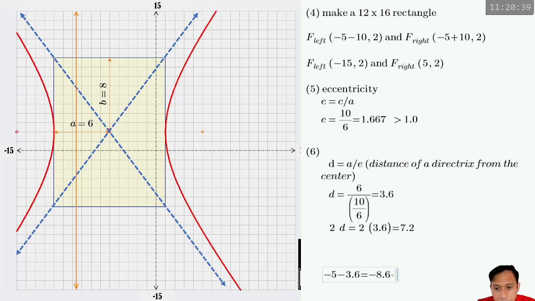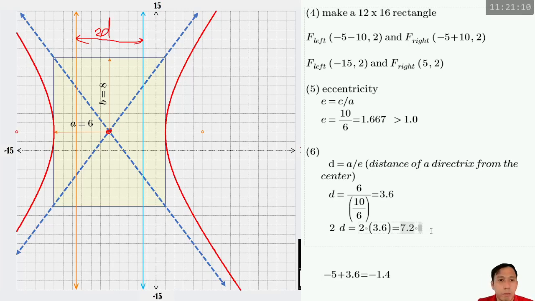And the other one, I'm gonna change the color. And that is, plus naman. Negative 5 plus 3.6 or negative 1.4. Ito yung pinapahanap. Distance between the directrices, 2D yan, no? Kasi distance of one of them from the center is D. So part 6, the answer is 7.2.